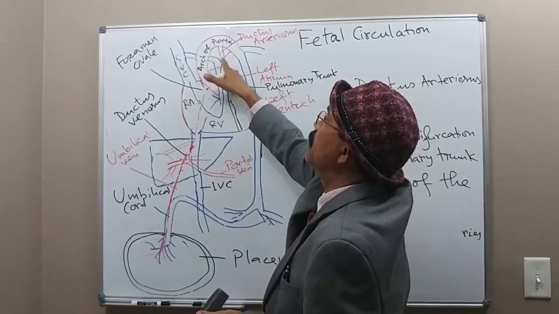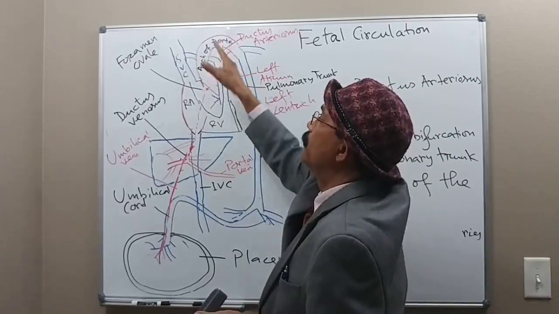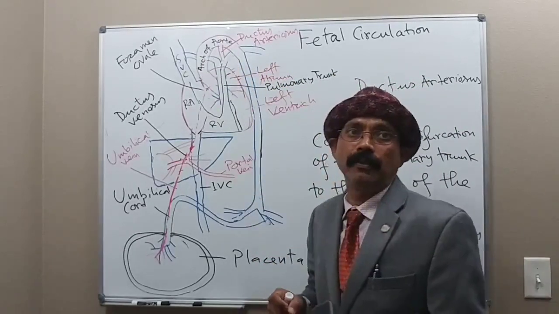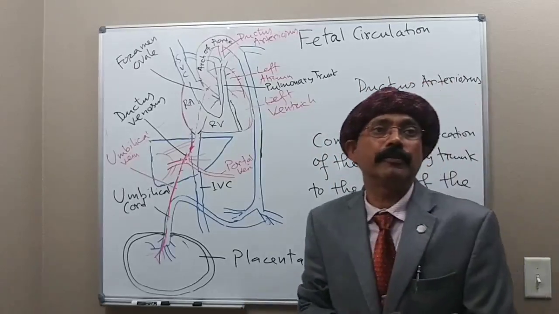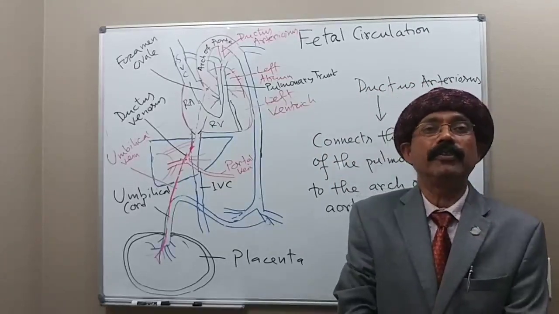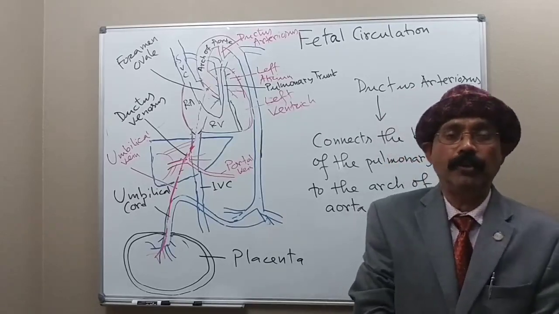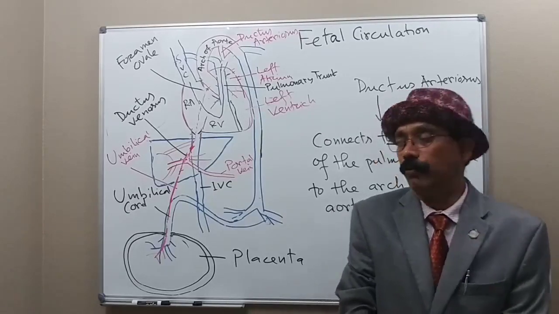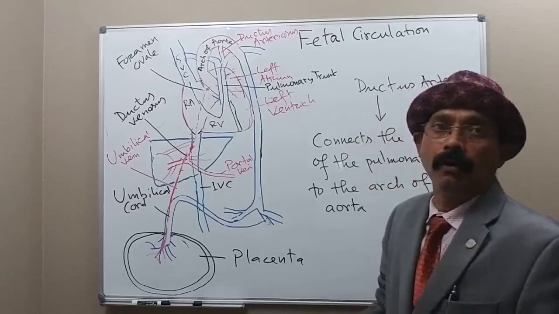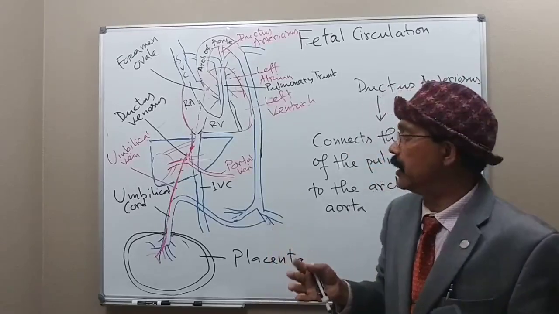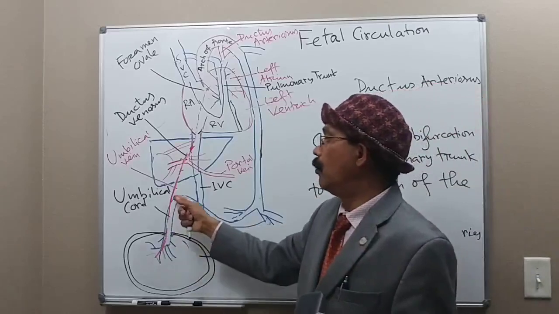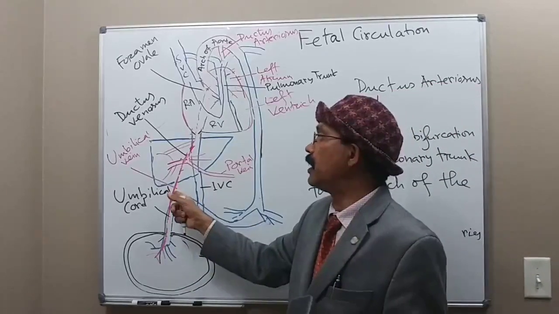That is another right to left shunt. So this is the prenatal circulation or fetal circulation. So what is our highlight? Highlight: placenta, one umbilical vein.